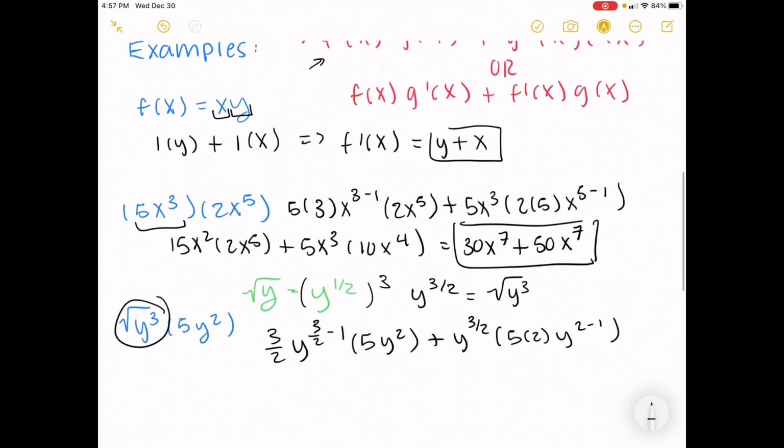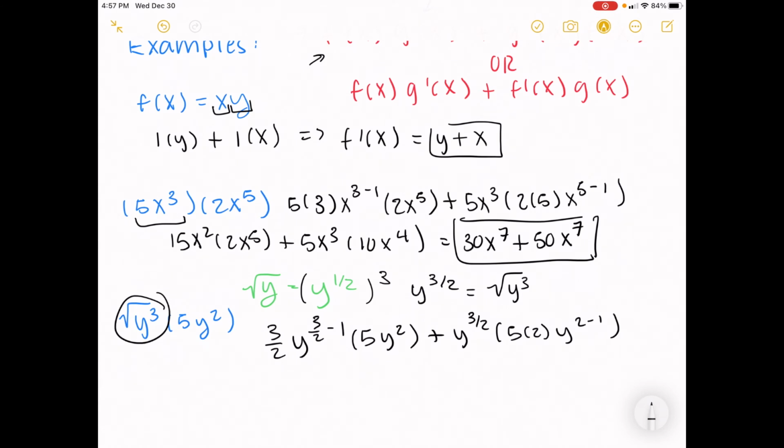And if we simplify this, we get 3 over 2 y to the power of 1/2 times 5y squared plus y to the power of 3 over 2 times 10y.